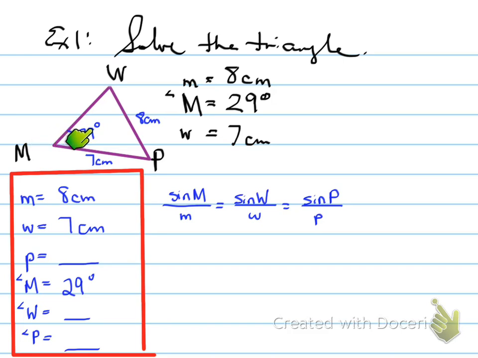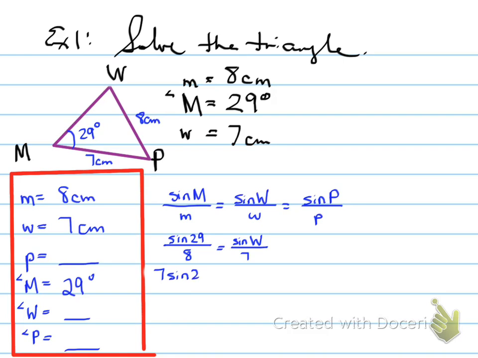We do need the sine M over m because those two pieces we do know, and the next piece we're forced to find is angle N. The reason why is that side n is opposite it, and we know what side n is, so we can find angle N. So we use sine M over m, which is sine 29 over 8, equal to sine N over 7. And sine P over p we just don't know yet, so we cross that out for now.